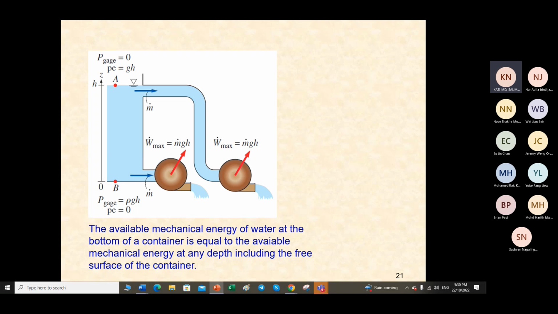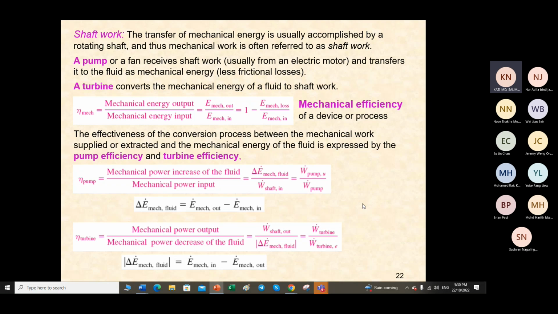So PE is equal to 0, there is no head, and then the energy extracted by the turbine here is giving rho into g into h. With this understanding, if someone asks us to evaluate the eta mechanical, that is the turbine mechanical energy, how much will it be?